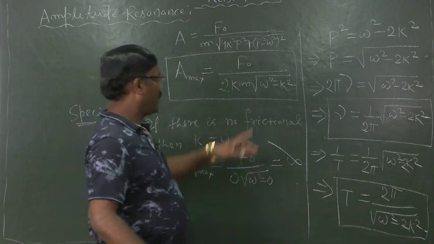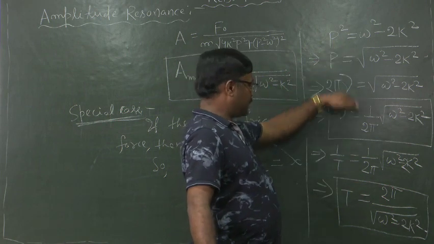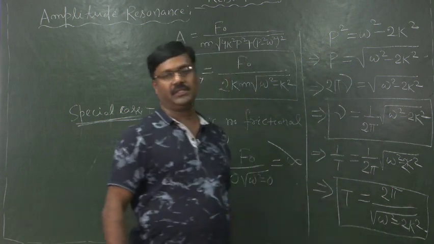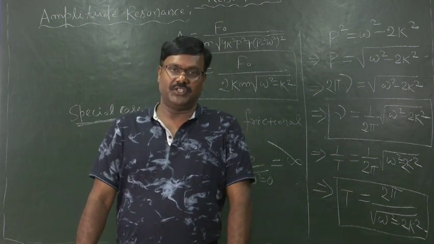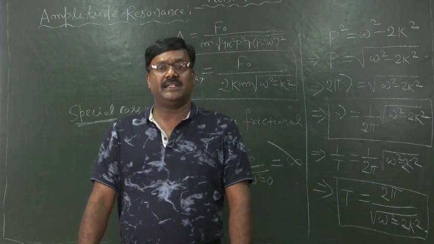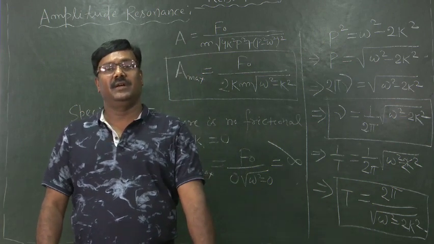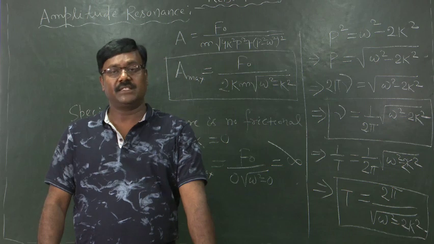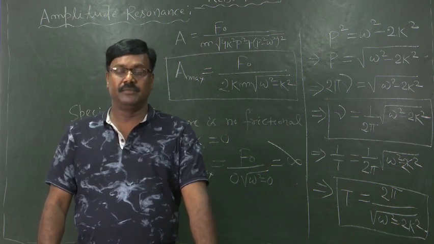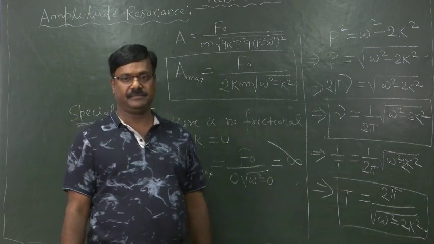And from this expression we have found the frequency of oscillation and also the time period of oscillation. And you must have known the practical examples of situations where resonance may happen, that the soldiers are warned not to march while passing over a suspension bridge.